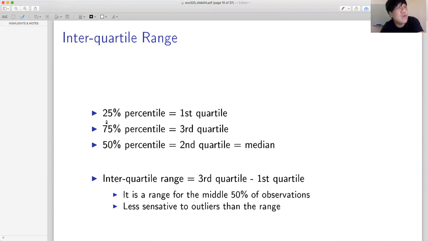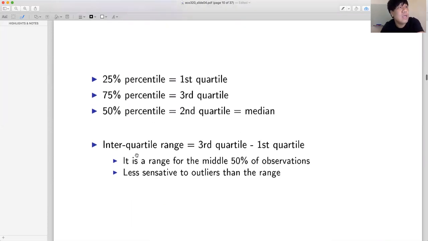Another way of talking about the dispersion of data is the interquartile range. The 25th percentile is the first quartile, the 75th is the third quartile, and the 50th is the second quartile, or the median. It's basically the same concept. So the interquartile range is the third quartile minus the first quartile.